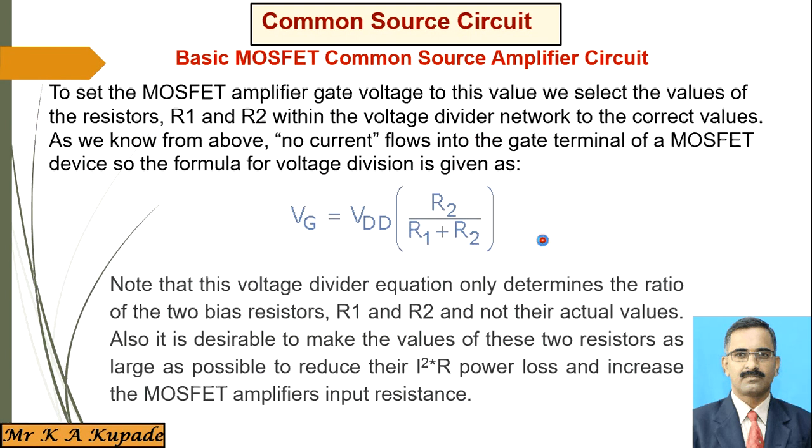R1 and R2 are used for biasing, to reduce the power loss, and to increase the MOSFET's input resistance. This is the important thing whenever we consider the MOSFET as a common source amplifier circuit for various applications.